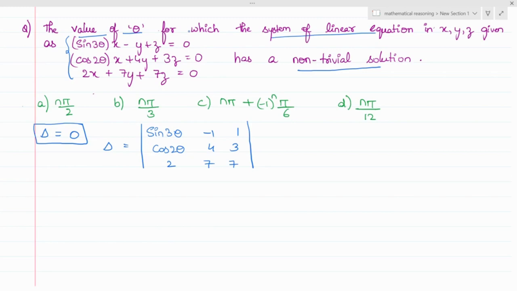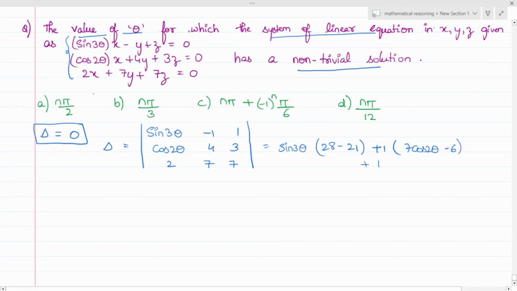So here, let's open it directly. Sine 3 theta, 7 4s are 28, 7 3s are 21, minus into minus plus 1, 7 cos 2 theta minus 6, plus 1, 7 cos 2 theta minus 8, and this is equal to 0.